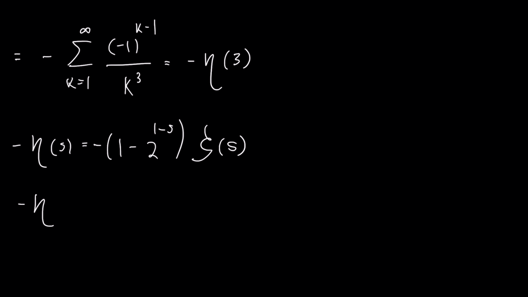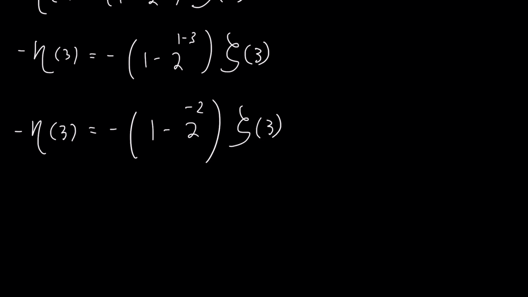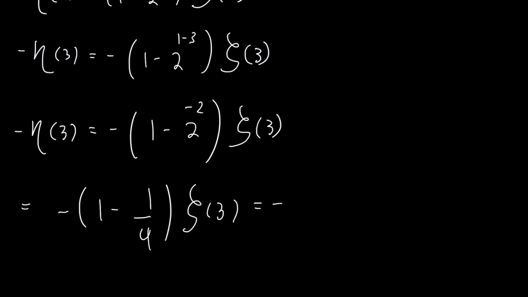We have negative eta 3, negative 1 minus 2 raised to the 1 minus 3 power, and then we have a zeta 3. So negative eta 3 is equal to negative 1 minus 2 to the negative 2 power zeta 3, which is equal to negative 1 minus a fourth times zeta 3, which is negative 3/4 zeta 3.